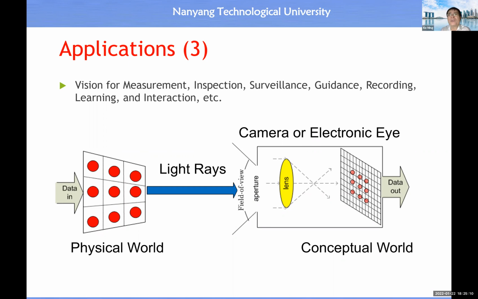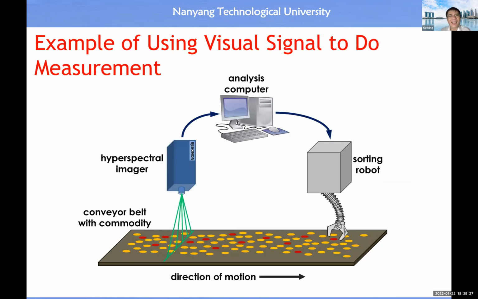All right, so there are many reasons for us to believe that the capability of making use of a visual signal has the number one importance to humans' intelligence and machines' intelligence. Then here is an example which makes use of visual signal to do the measurement in order to guide the robot to do the pick and place.